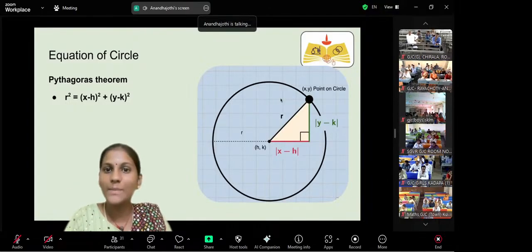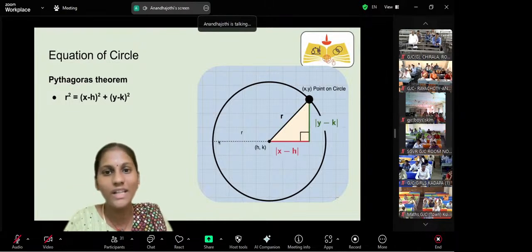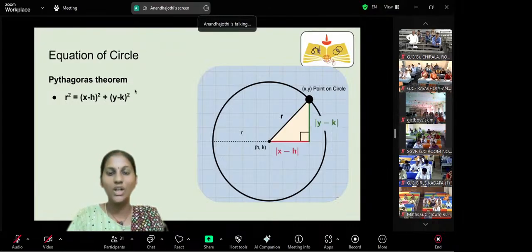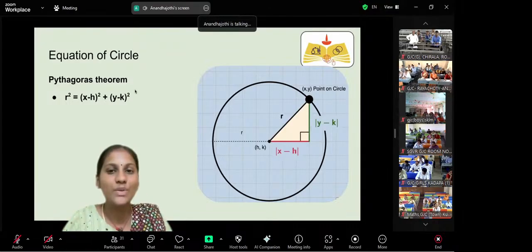The hypotenuse here is r, so r squared equals the sum of squares of the other two sides: x minus h the whole square plus y minus k the whole square. If we do it like this, our students will never forget.